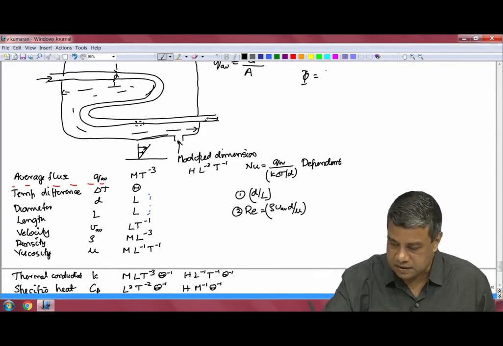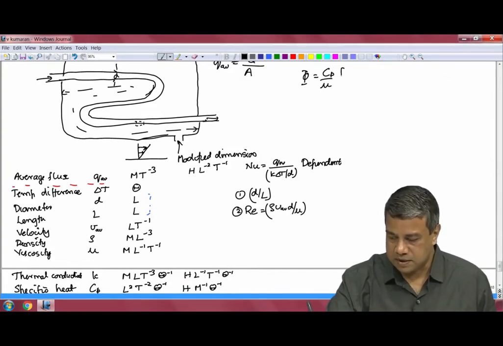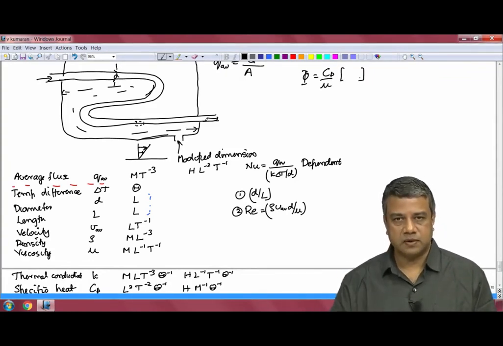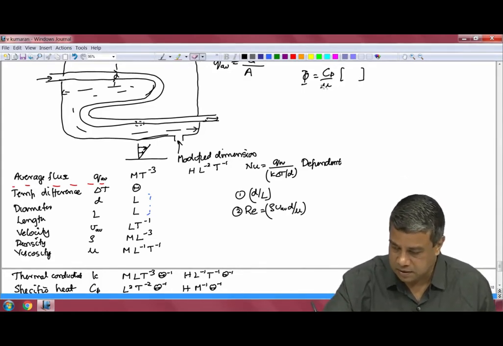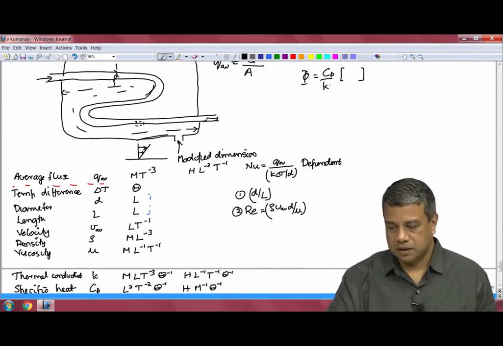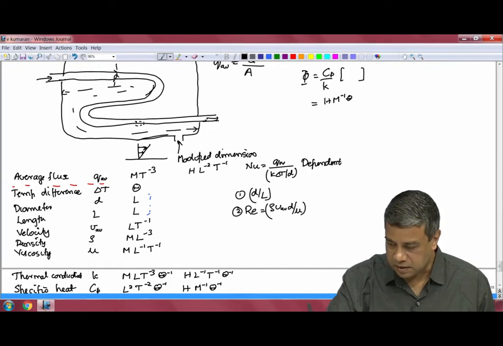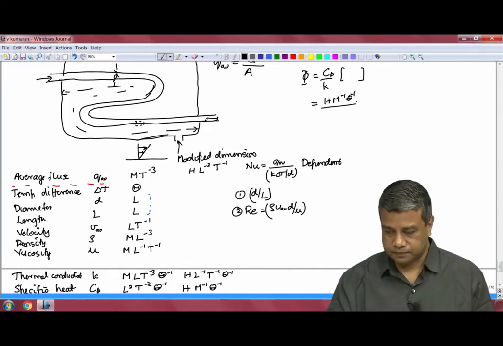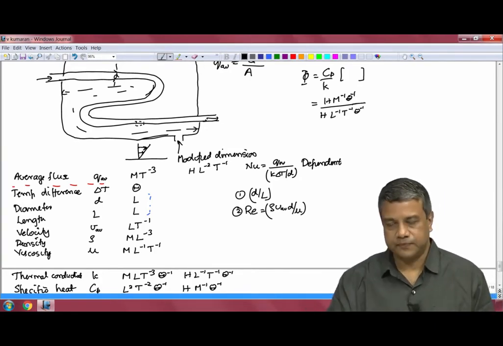So, if I define this, okay, as Cp by mu, right, times something, okay, Cp by k times something, I am sorry, okay. Then you can see that the dimension of this is h m inverse theta inverse by h L inverse T inverse theta inverse, okay.